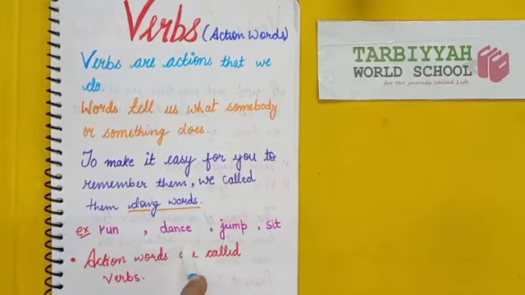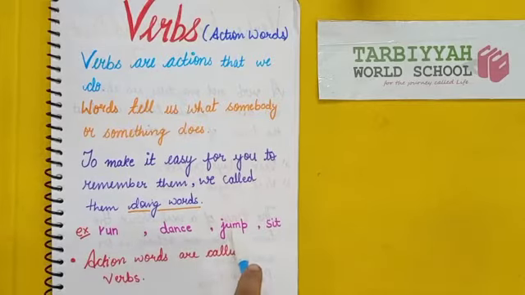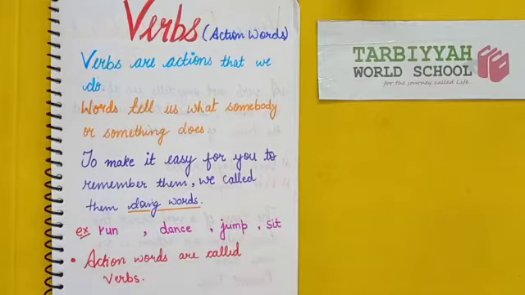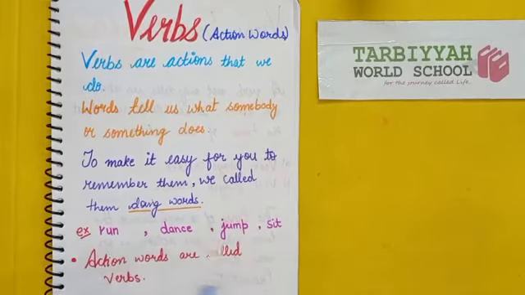Dance, she is dancing. Frog jumps very high. Monkey sits on the tree. So these are the verbs, the action verbs. Okay, these are the action words. Action words are called verbs. Yes, action words are called what? Verbs.